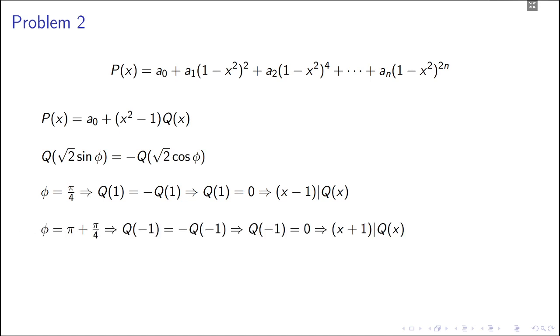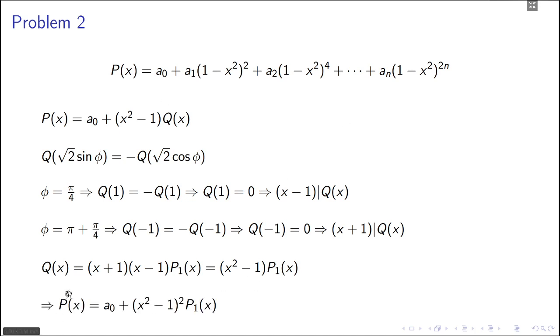Similarly, if you put pi by 4 plus pi, this becomes minus 1, and this also becomes minus 1, and you will still have a minus sign here. So Q(minus 1) is 0, so x plus 1 also divides Q(x). So Q(x) you can write as (x plus 1)(x minus 1) P1(x), so x squared minus 1 times P1(x). This you substitute here. So P(x) becomes this, and I again get to this kind of form here.